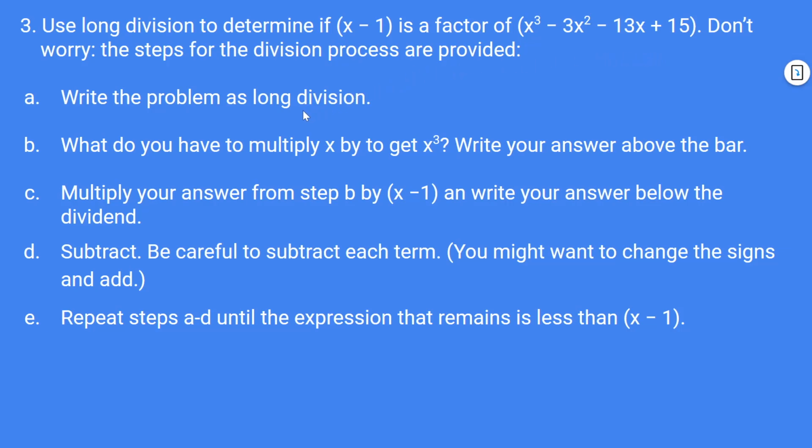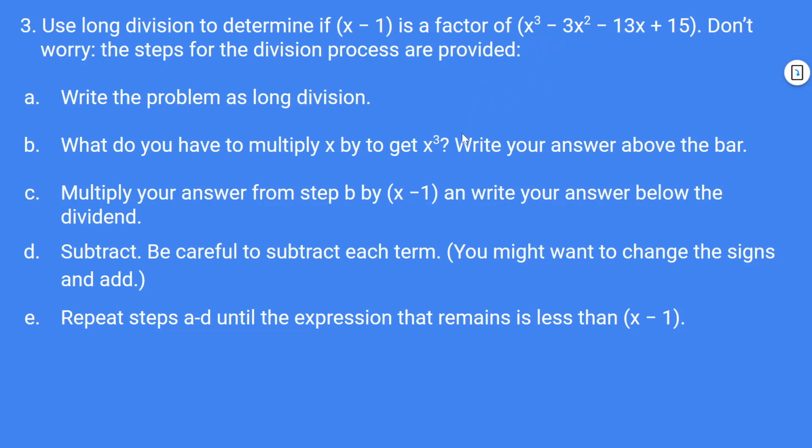So the first step we're going to take is we're going to write the problem as a long division. I've already taken the time to do that for us. And then you're going to ask yourself, what do I have to take times x to get x cubed? And we'll write our answer above the term that would be a like term with it.